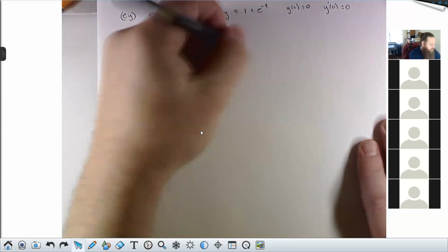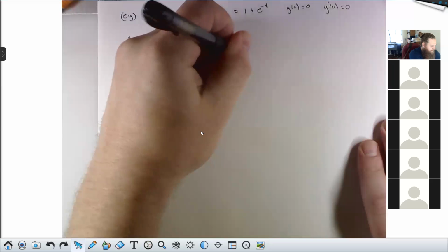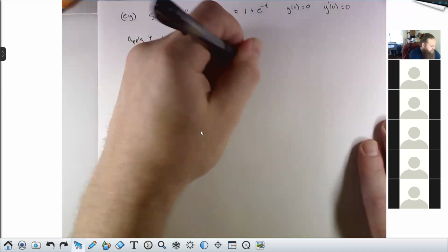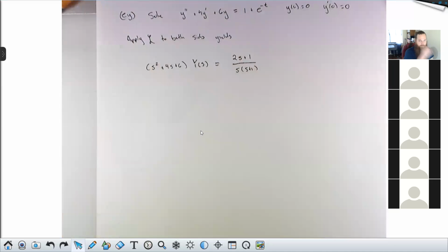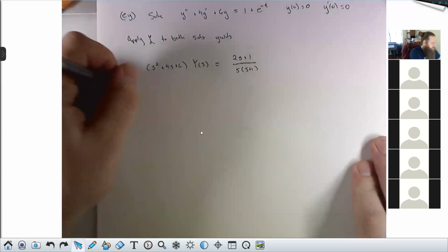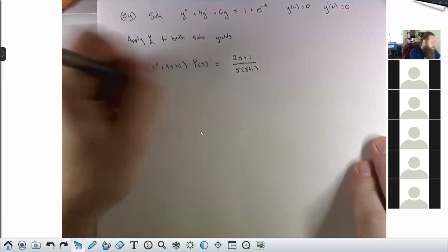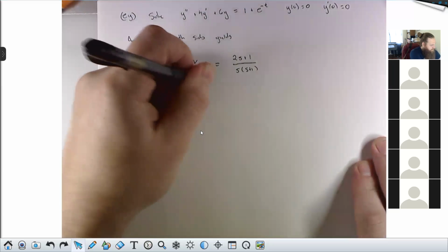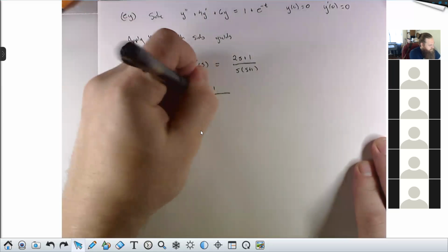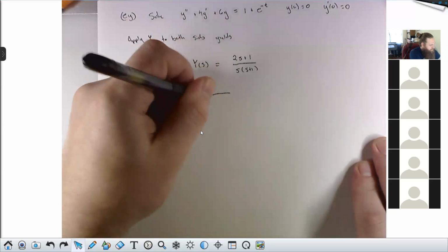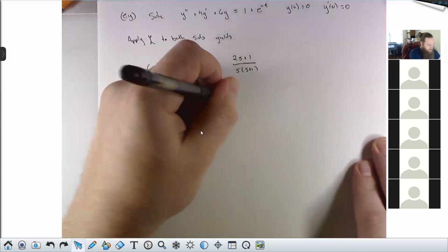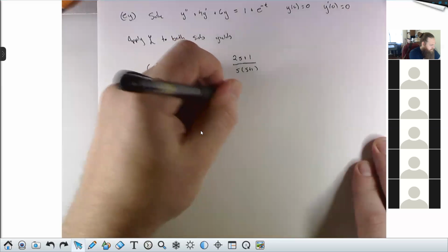You put those together and you get (2s + 1)/(s(s + 1)). And then you divide. Y(s) is (2s + 1)/(s(s + 1)(s^2 + 4s + 6)).